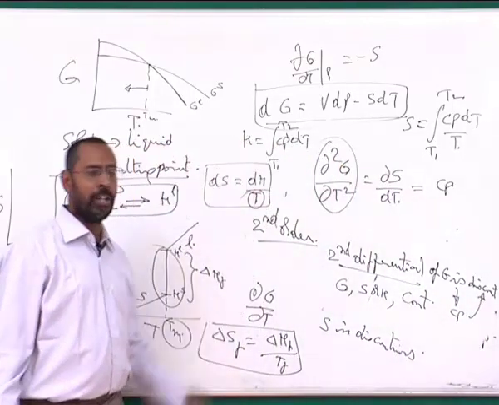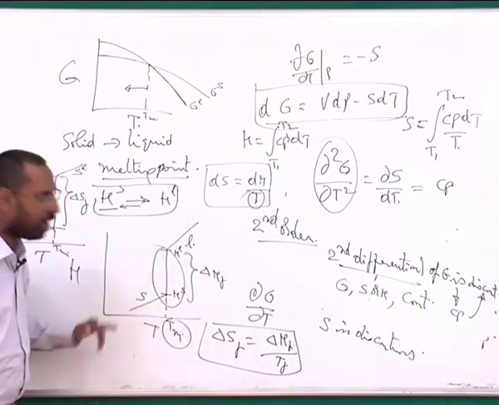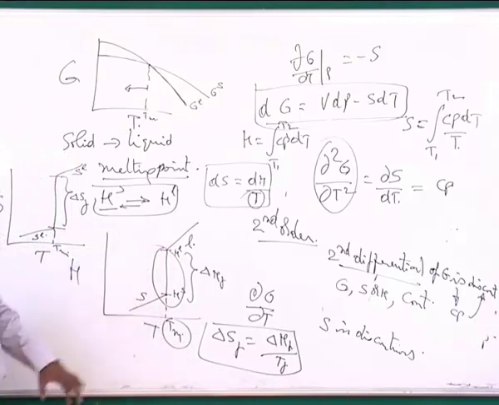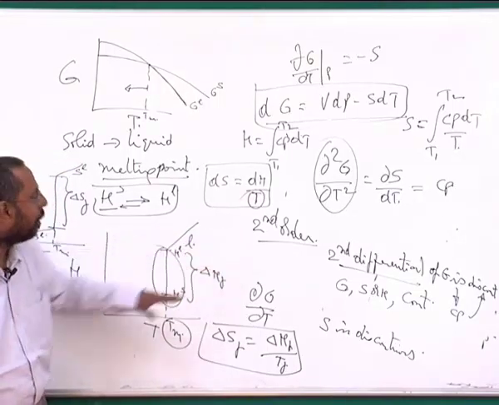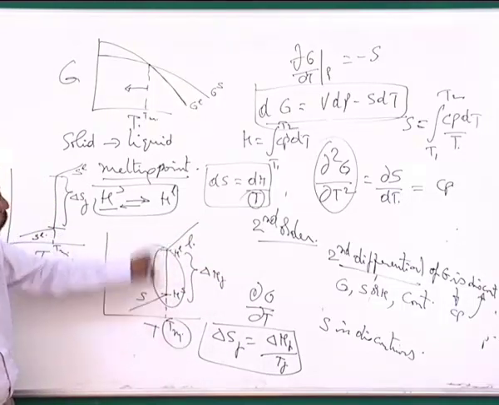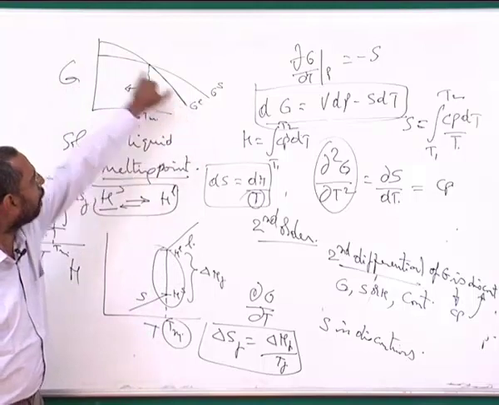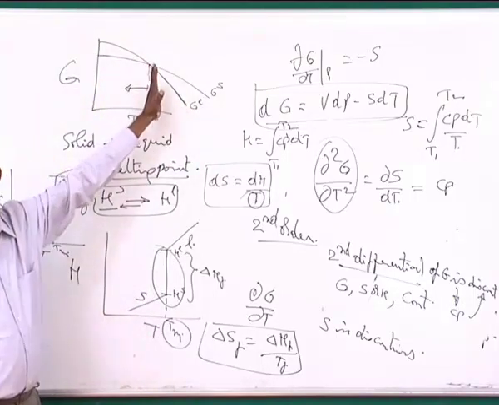So if I plot Cp versus temperature, you will suddenly see Cp changing at the transformation temperature, and that is the characteristic of a second order transformation. Whereas if I simply plot H versus T, H will continuously change at the transformation temperature.